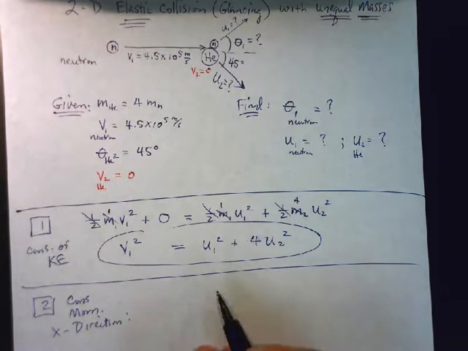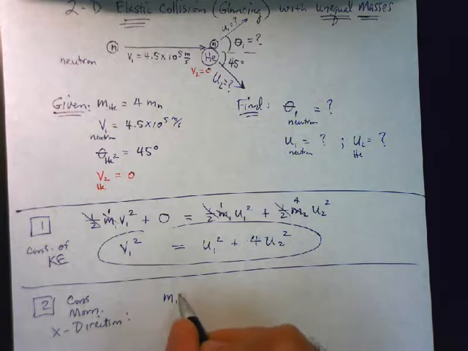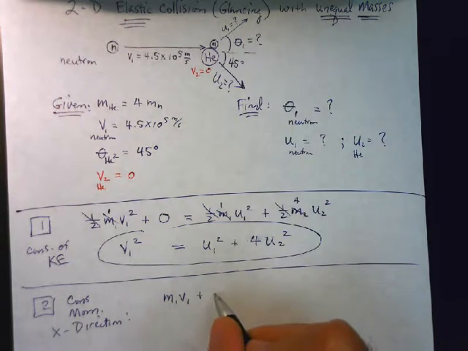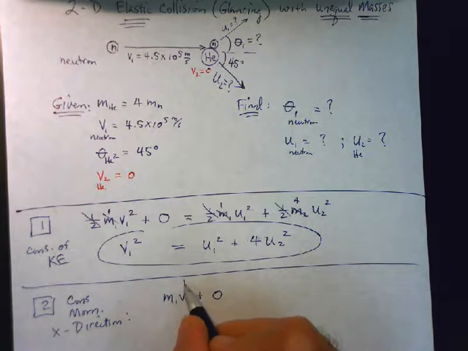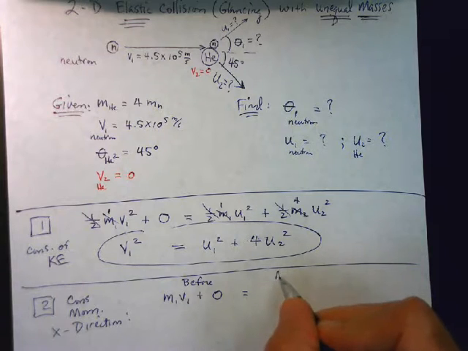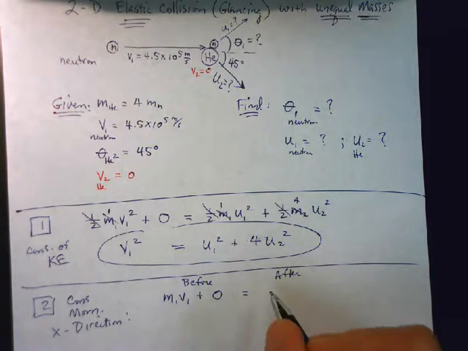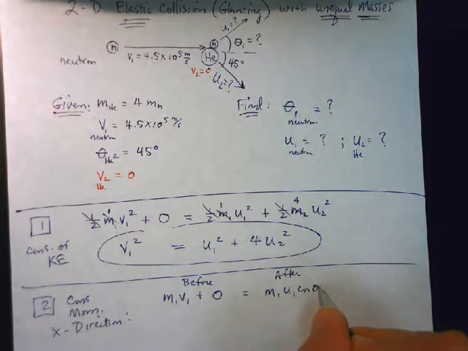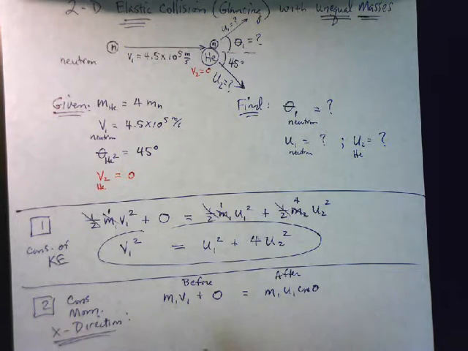We know that M1 V1 before collision, plus the momentum of the helium, which is 0 before collision, is going to be equal to the total momentum after, which would be equal to M1 U1 cosine theta, because remember now we need to think in terms of the horizontal components, the x direction here.